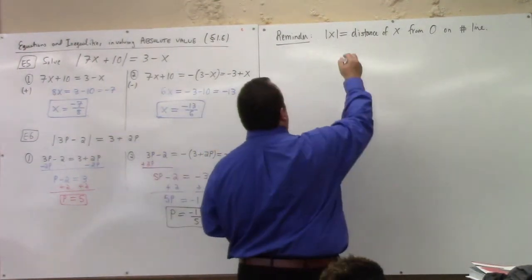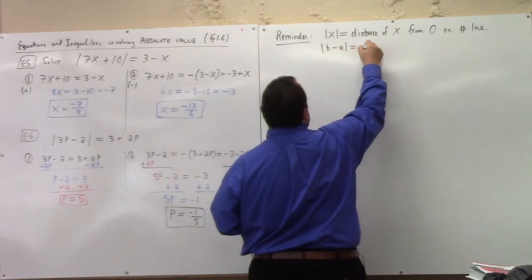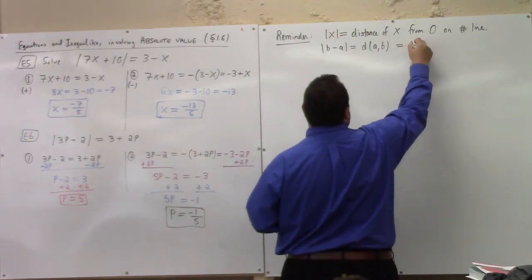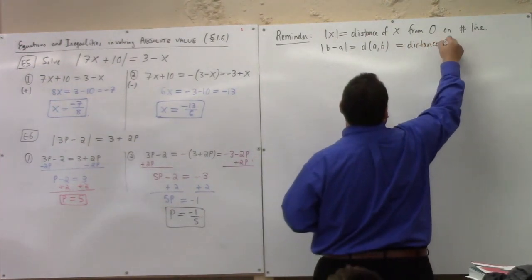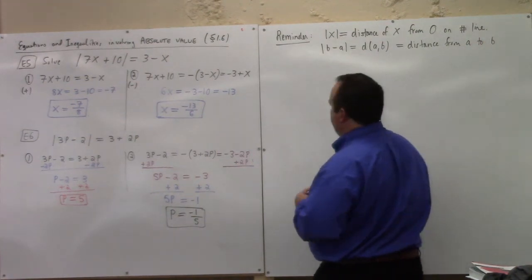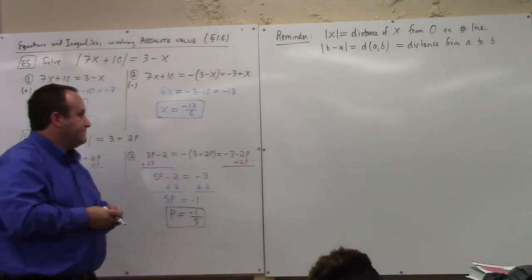Or we can also look at this: the absolute value of b minus a is equal to the distance from a to b, right? Let's keep that as a backdrop.